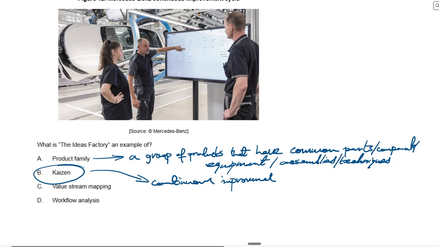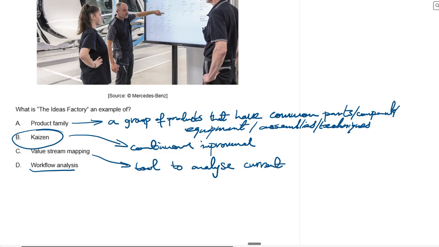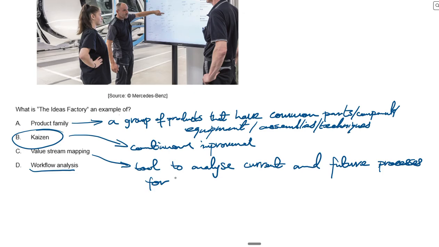Next is value stream mapping. This is lean production. This is more about a tool. It's a tool to analyze current workflows. And when we say workflows, we're talking about processes or steps to bring something to fruition. And that's the steps in production of a product, right? So to analyze current and future processes for production.